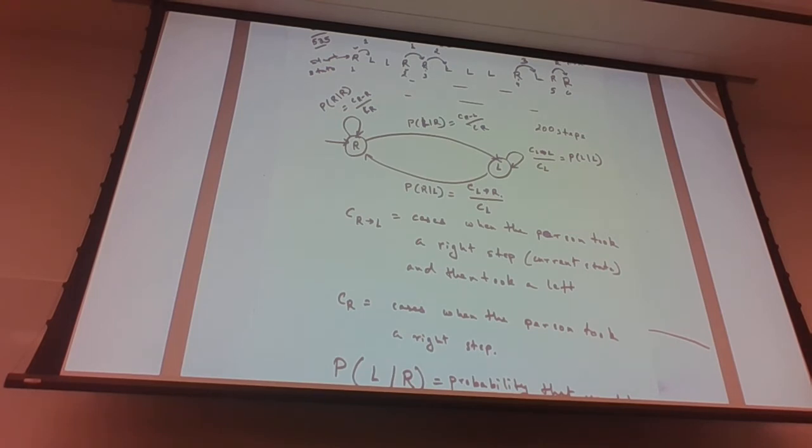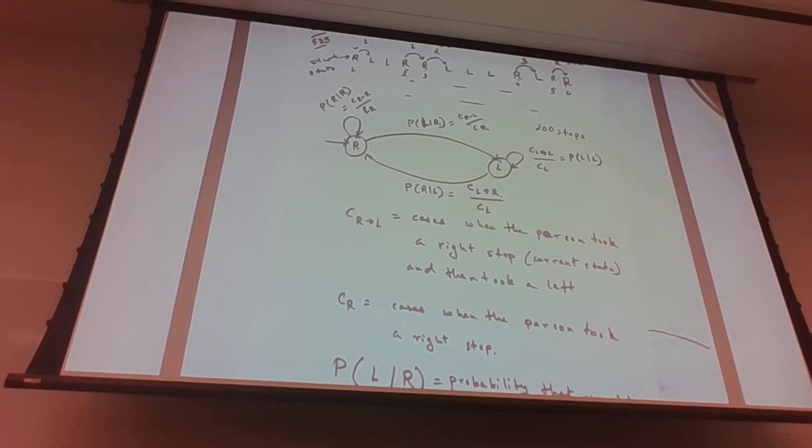One possibility is you first take a right step and then you take a left step, so your second step was left. Another possibility is you take a left step first, and then again a left step. Again the second step was left. It doesn't matter what happened in between.